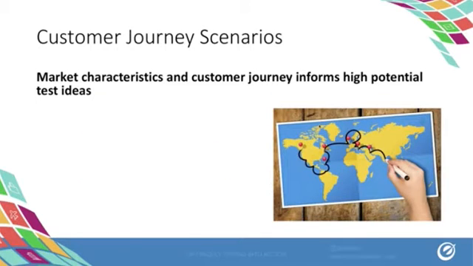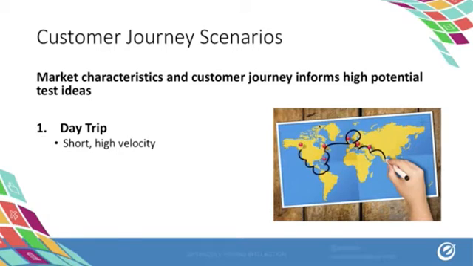So in addition to understanding those market characteristics, I think it's really also important to understand your customer journey, your funnel, because that's going to inform your high potential test strategy and test ideas. So today we're going to talk through three examples of customer journeys.